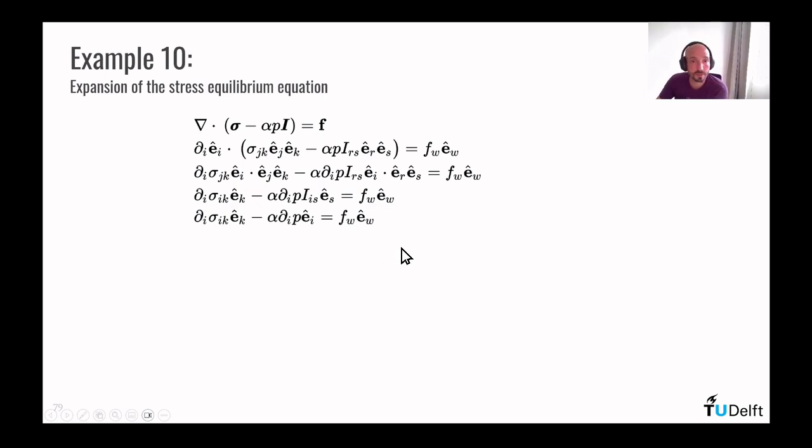Now we can see that it doesn't matter the letters that we choose here, because here we have a summation over k, and here we have a summation over i. If we perform the summation over k from 1 to 3, and if we perform the summation of i from 1 to 3, we are going to see that they are the same.